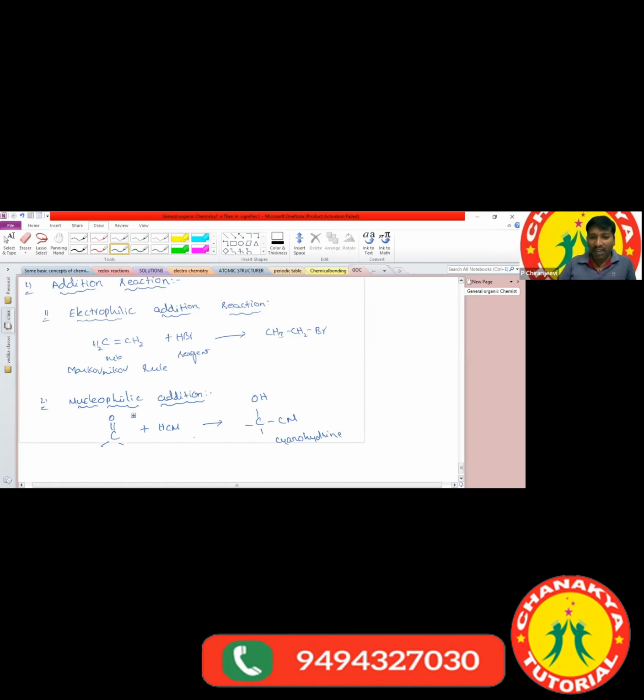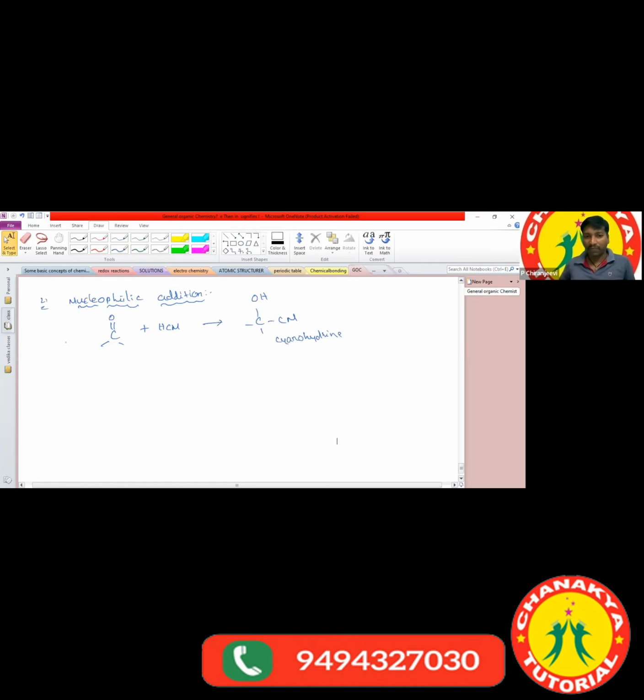And one more: the free radical addition reaction, the third one. What is the best example of the free radical addition reaction? The anti-Markovnikov rule.